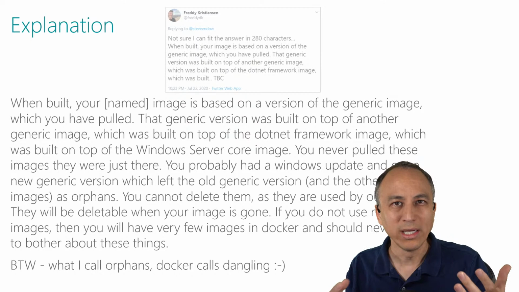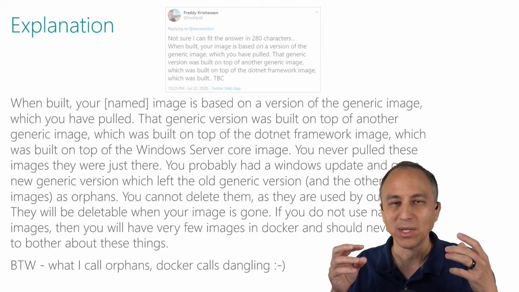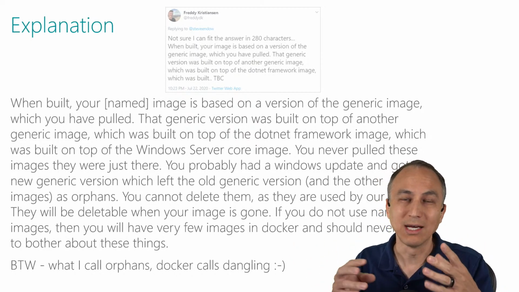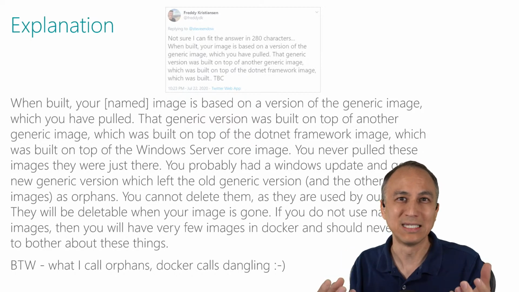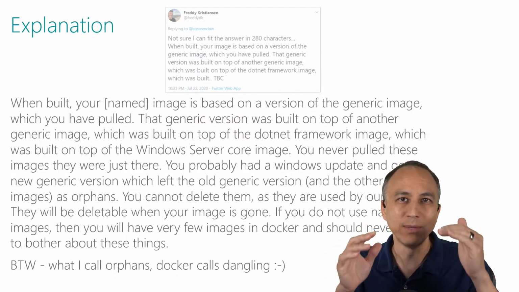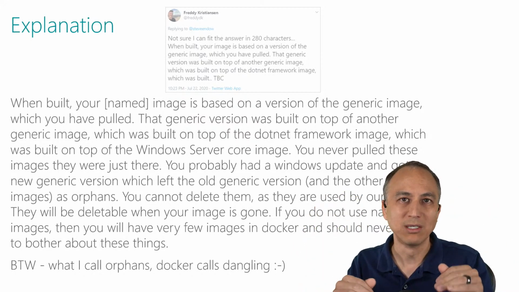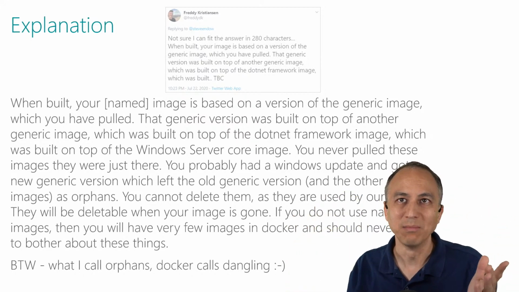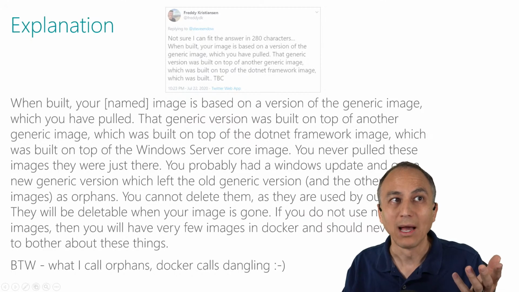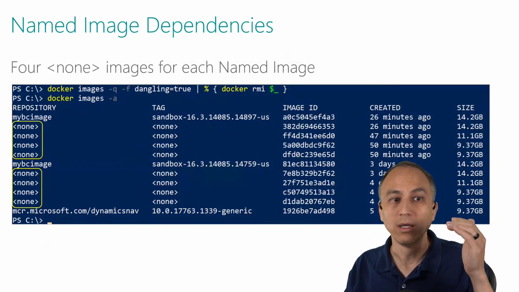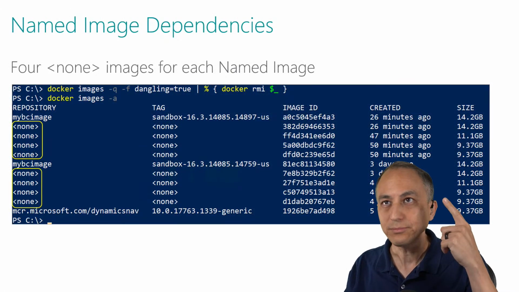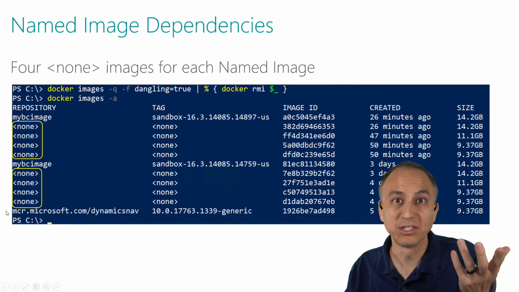So they're not real images. As he points out, Docker really doesn't know that they exist. They're just intermediate builds. Once you delete that named image, those disappear as well, and everything's cleaned up. So as far as I could tell, I can just ignore these nones. It's just some weird artifact of the named image build process.